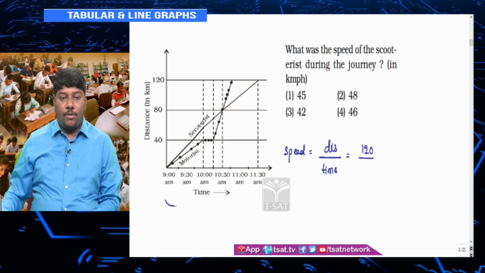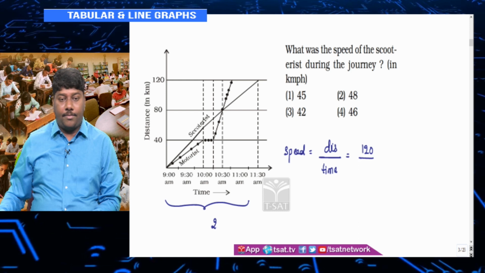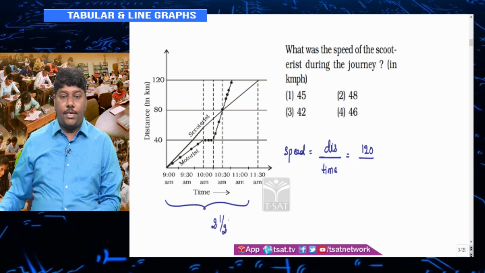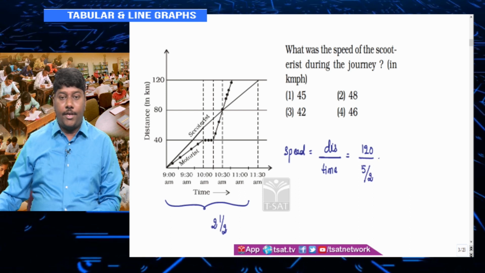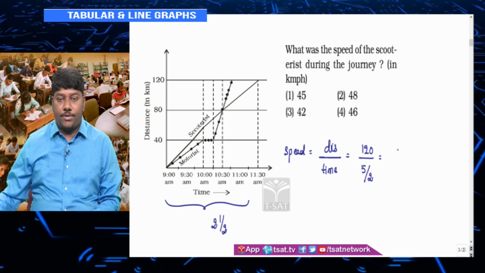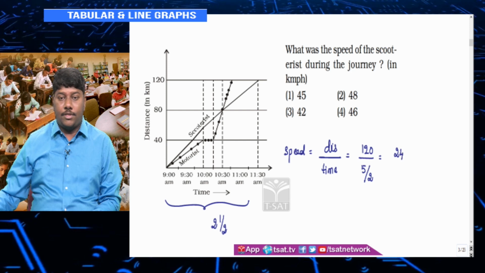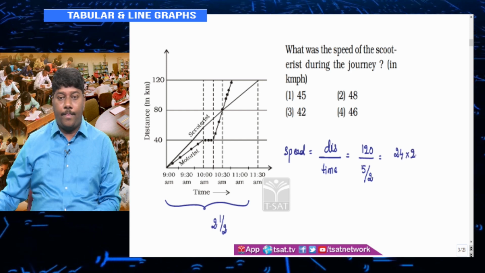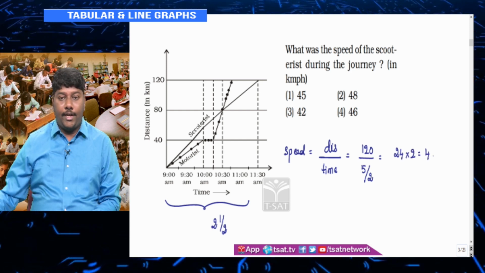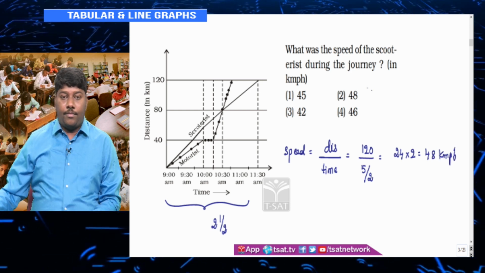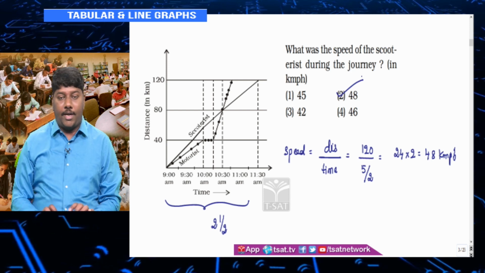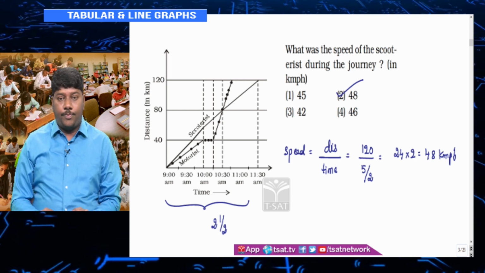And how much time did the scooterist take? It's 2.5 hours. 2.5 means 5 by 2 hours. In the numerator it is kilometers, in the denominator it is hours. So 24 into 5 is 120, into 2. Therefore I would say 48 kmph, kilometers per hour. So 48 kilometers per hour is the speed.